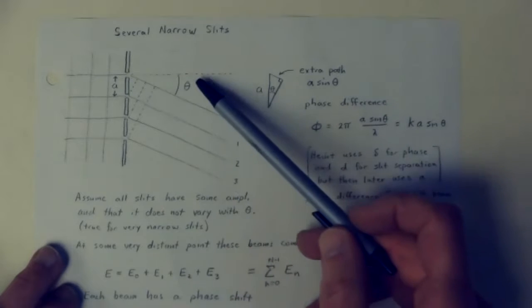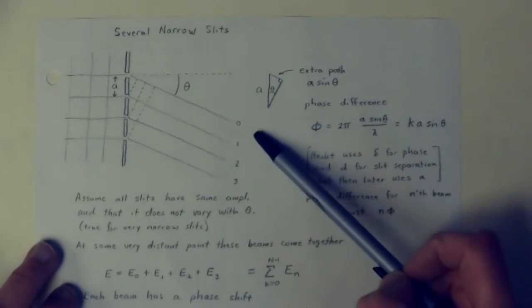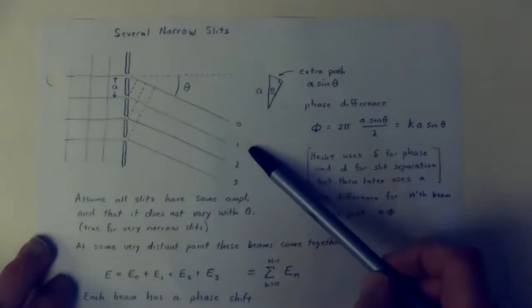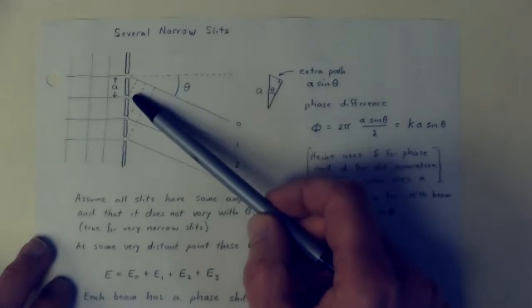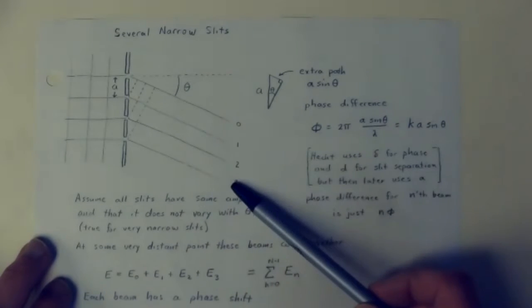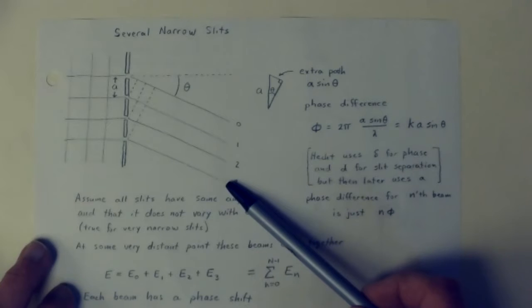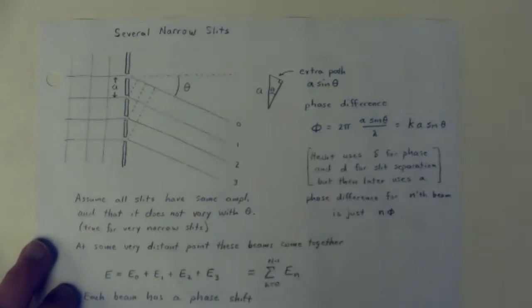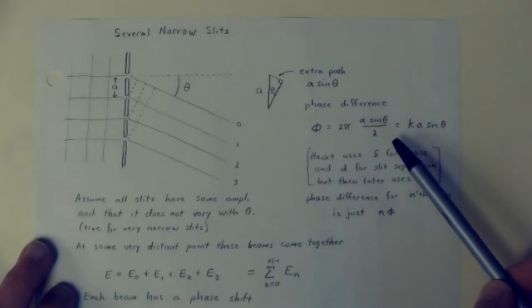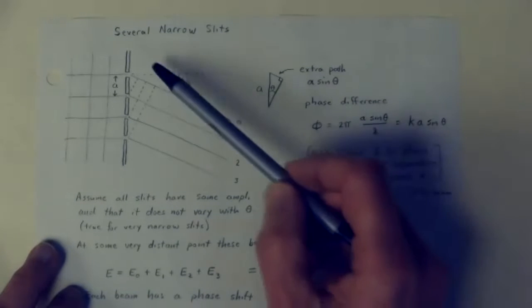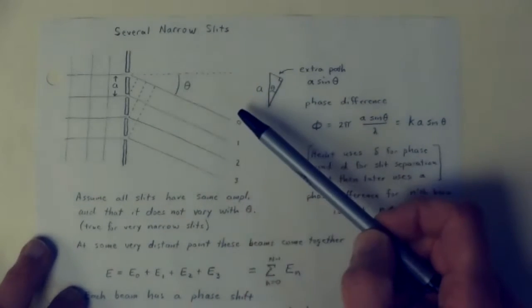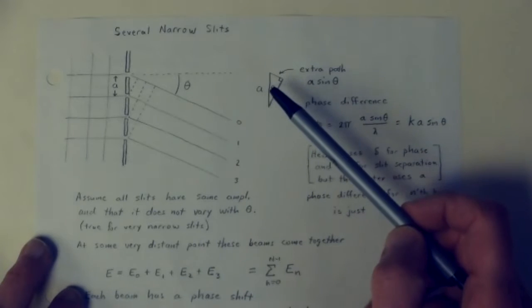And we're going to be looking off at some angle. So once again, imagine that we're far, far away from this and looking where the contribution from each of these comes together. We're going to make the assumption that these are tiny, tiny slits. So just as in the ripple tank, they diffract the wave out in all directions sort of equally.